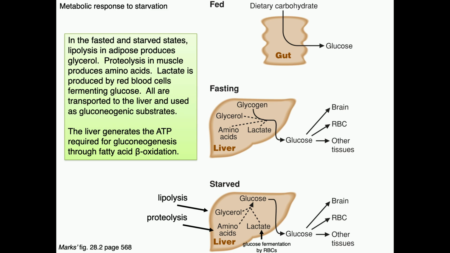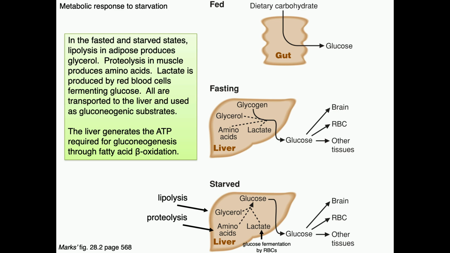Then as glycogen is depleted, you shift to gluconeogenesis, which uses extra-hepatic substrates to make glucose. In the starved state, you have no more glycogen left, so you're essentially reliant completely on gluconeogenesis for sustaining blood glucose levels.